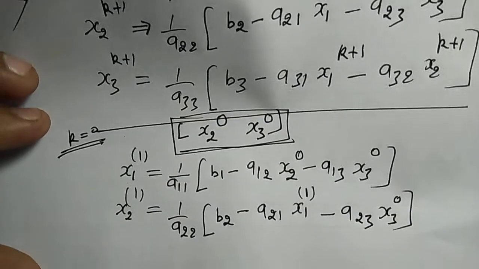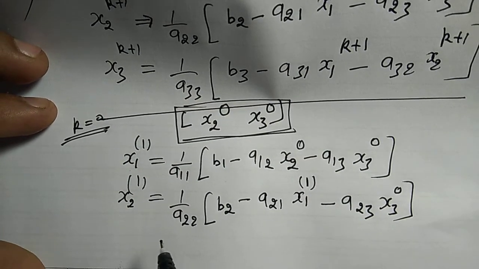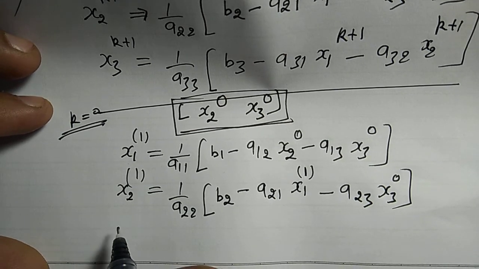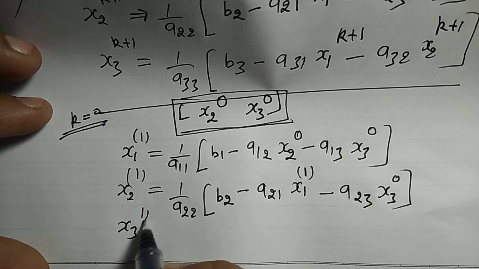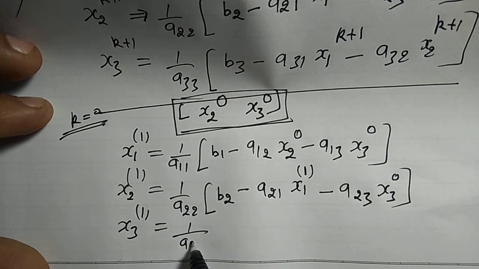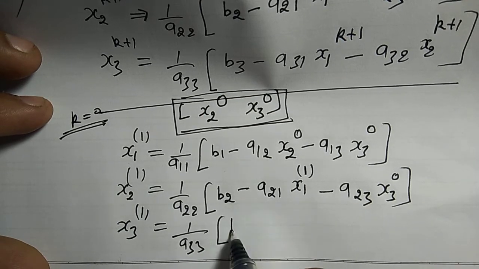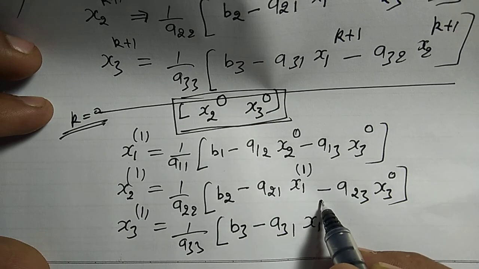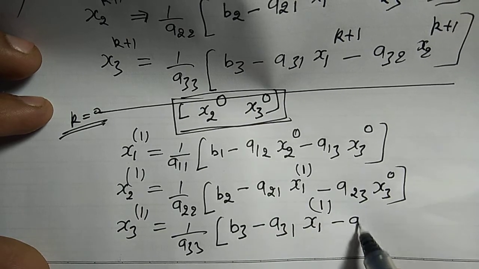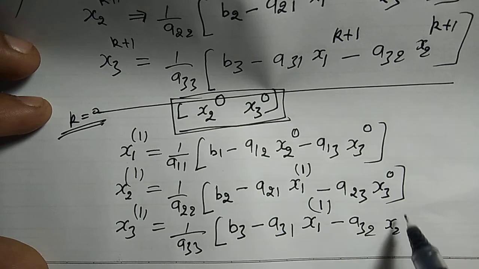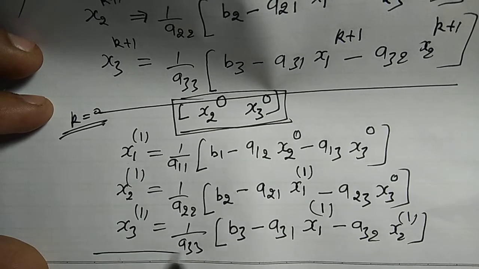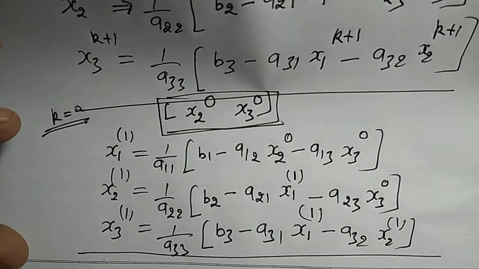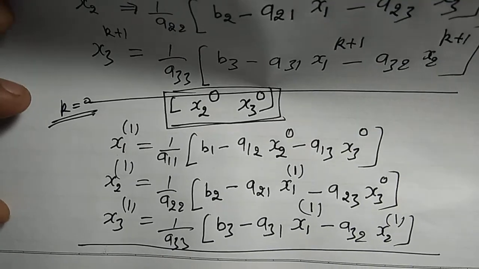Now for x3 we have the updated values of x1 and x2, so we can write x3(1) equal to 1 upon a33 and b3 minus a31 x1 minus a32 x2. So this is the formula for the first iteration. Similarly we can proceed for the second and third.